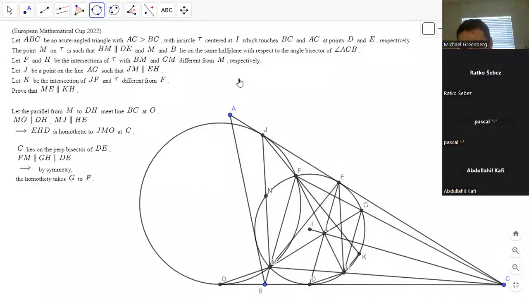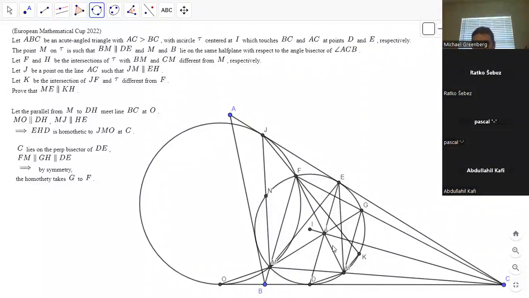So HME is HEC, which is MJC, which is MFK, which is MEK.